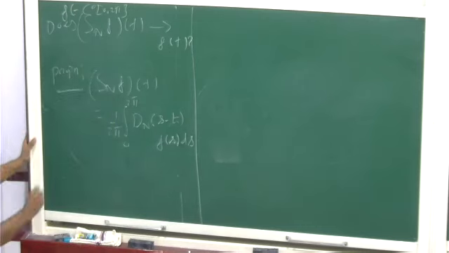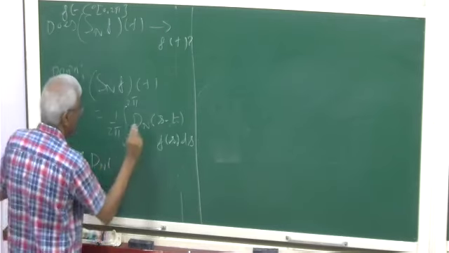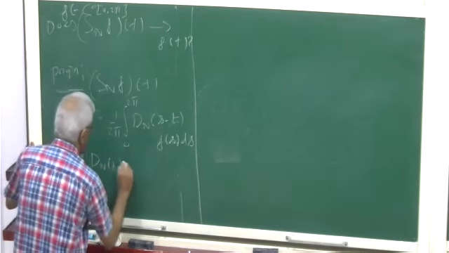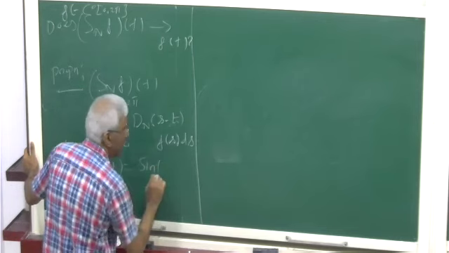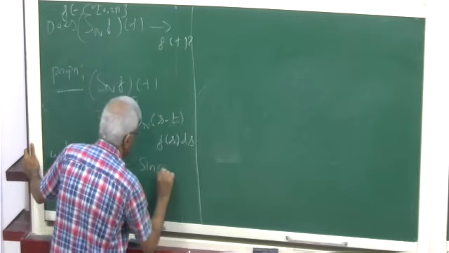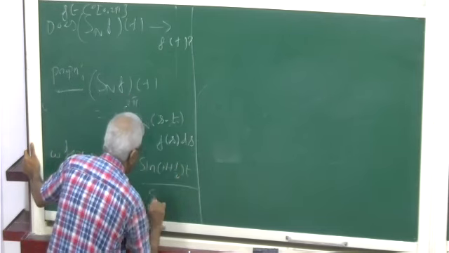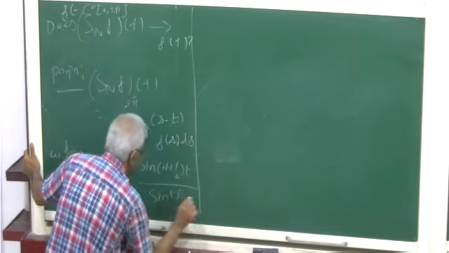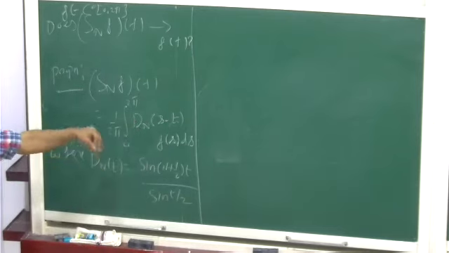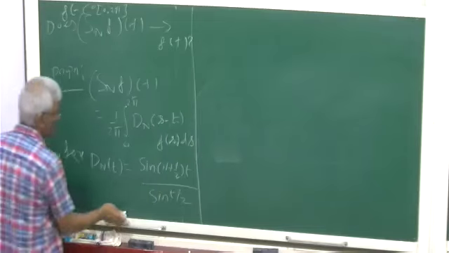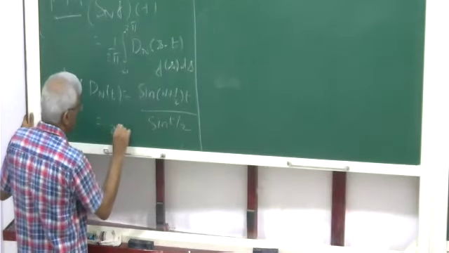So this is where D_n(t) is equal to sine of (n plus half) t over sine of t over 2, for t not equal to 0. At t equal to 0, it is 2n plus 1. It doesn't matter. We are integrating, so it doesn't matter. But in case you want, I think it is 2n plus 1.